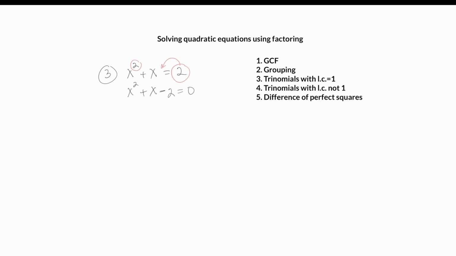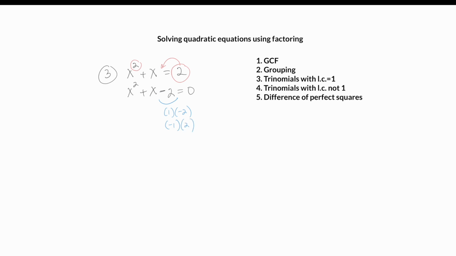Now this is a trinomial, and the leading coefficient, the number next to x squared, is 1. So this is the third technique of factoring trinomials where the leading coefficient is equal to 1. To factor this, I will simply find two numbers that multiply to negative 2, and there's only two options, 1 times negative 2 or negative 1 times positive 2.